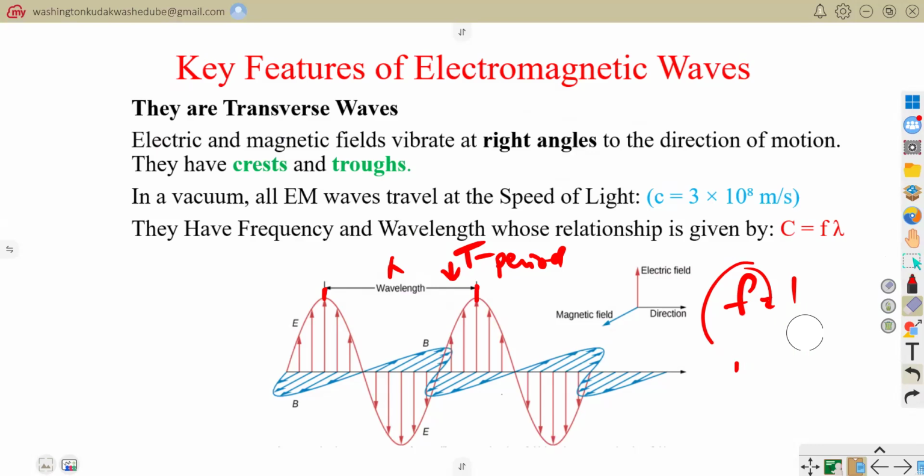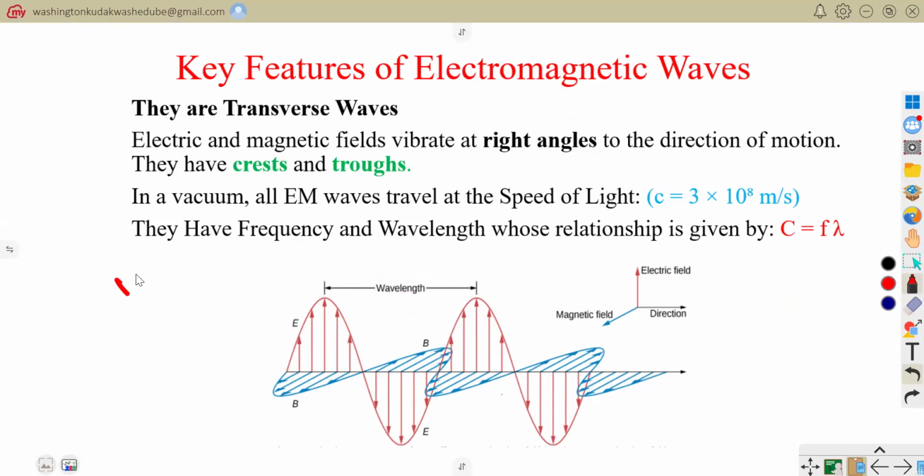So from the wave equation, which is the general wave equation of all waves, we know that the speed of any wave is given by its frequency and the wavelength of the what? Of the wave. So if it was sound waves, this speed was going to be approximately 340 meters per second.